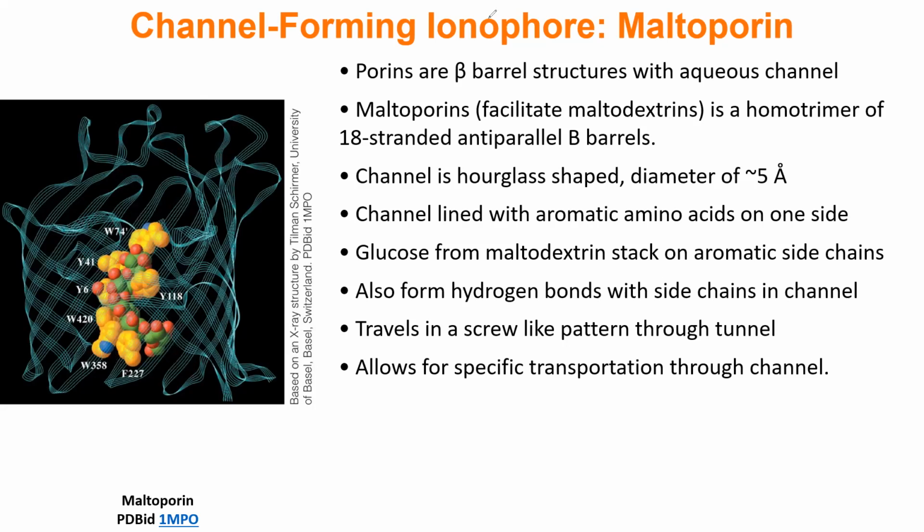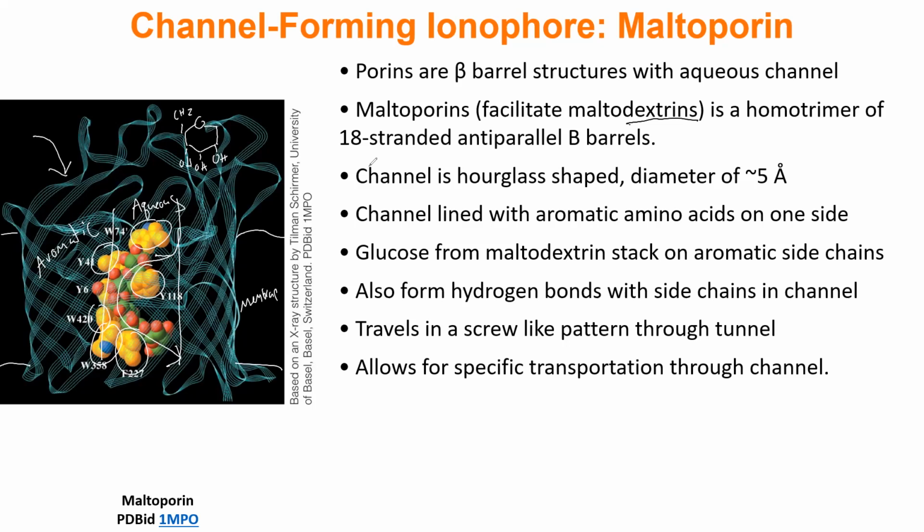And just FYI, the question I usually ask about this section is, relate the structure and function of, for example, maltoporin. So don't be shocked if you see on the test, explain how the structure of maltoporin helps it with its function.